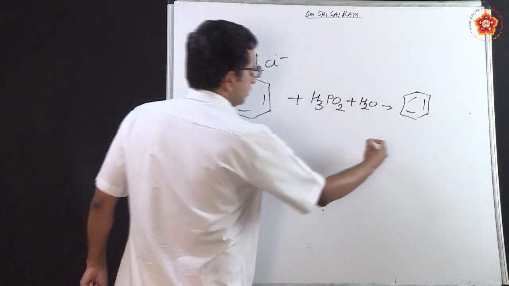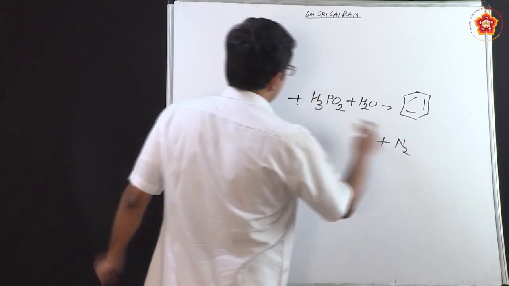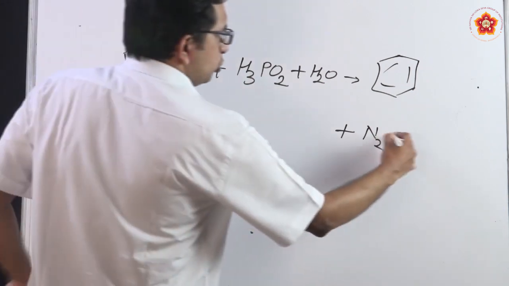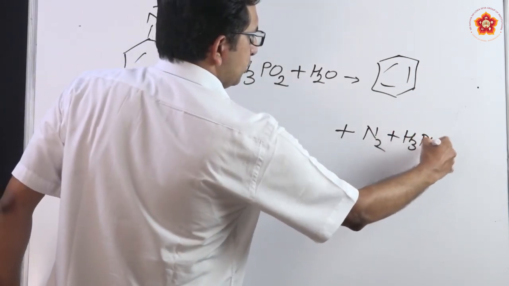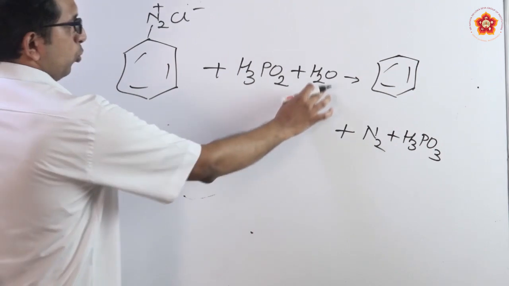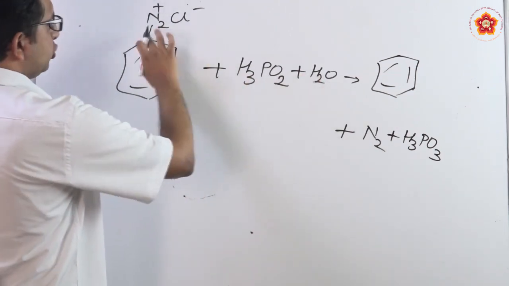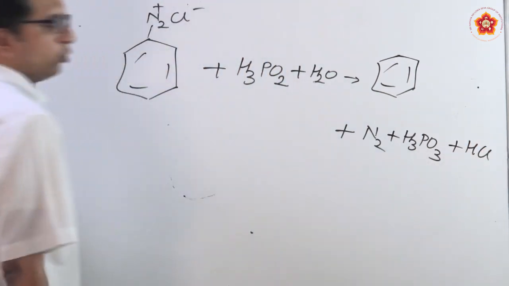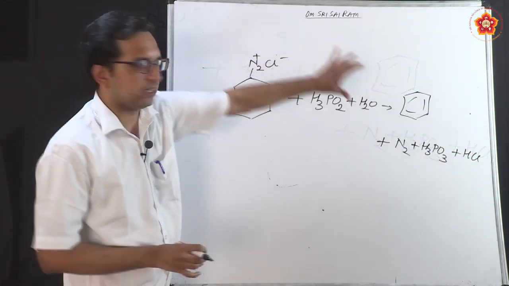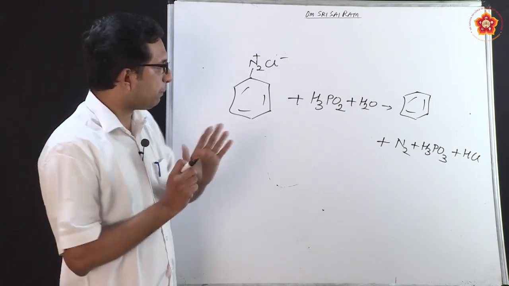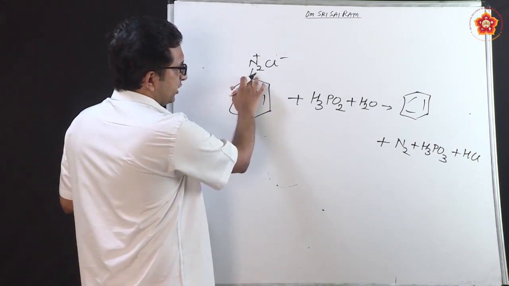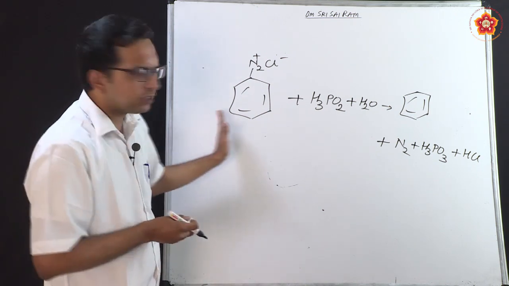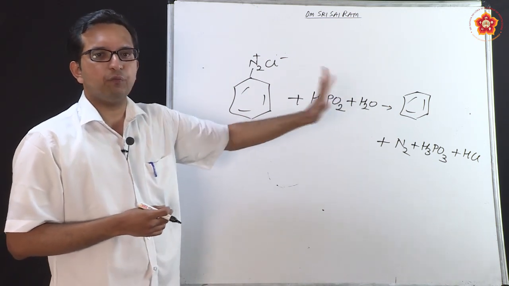This is the main product. The byproducts formed are the nitrogen gas from here, then this H3PO2 will become H3PO3, so one of the oxygens has come here, one hydrogen has come here, and the other hydrogen will pick up the Cl-, forming hydrochloric acid. So a hydrogen has been introduced here, which can be called a reduction reaction. This is one of the methods for easy preparation of the benzene ring.